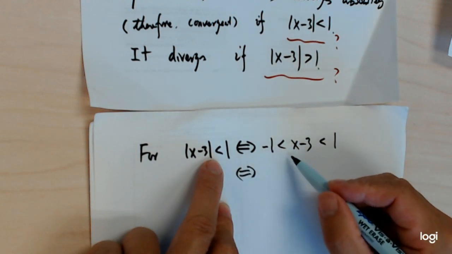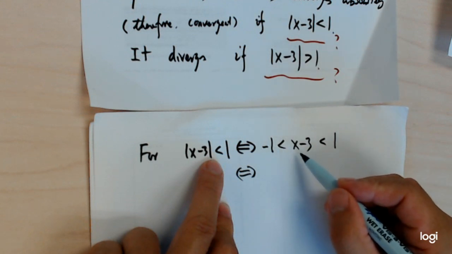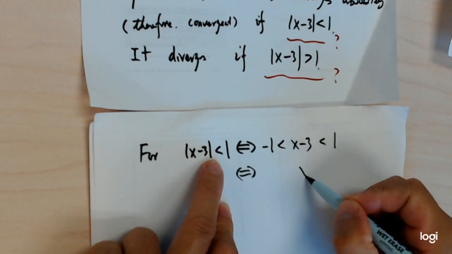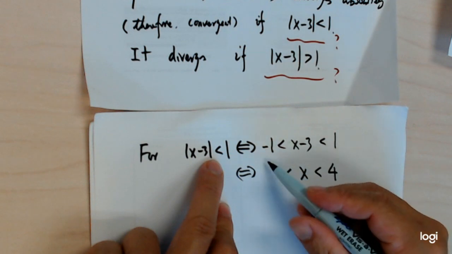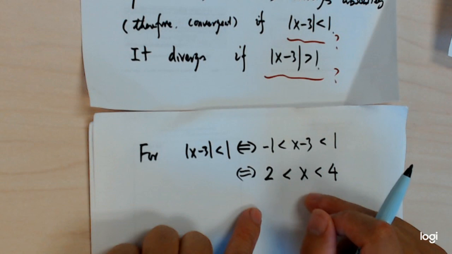To get the precise answer, we add 1 to each component. Not add 1, actually, we need to add 3 because I need an x in the middle. So add 3, add 3, add 3. That gives you a precise interval.